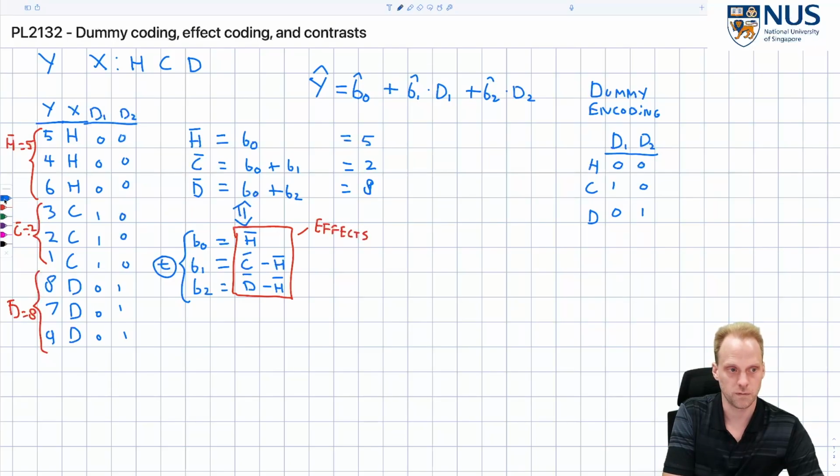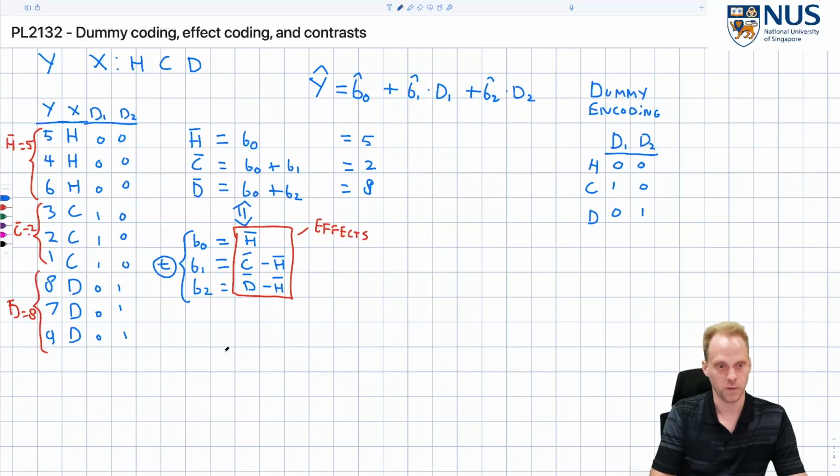Now, let's write this down a bit more elaborately. B0, well, let's forget about B0 actually. It's not that interesting, because that's just the average of one group. That's not 0.